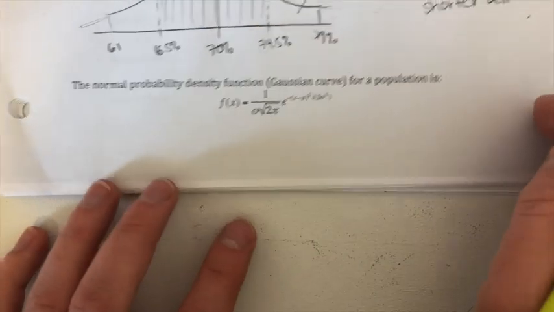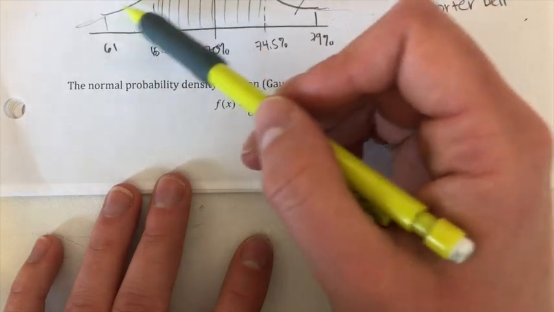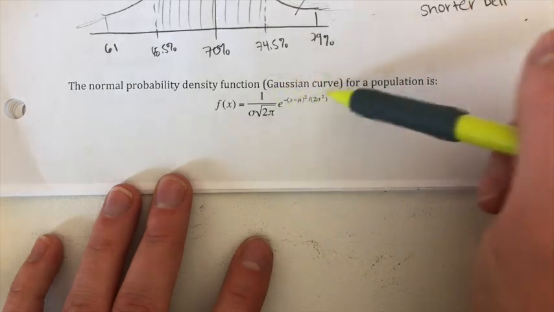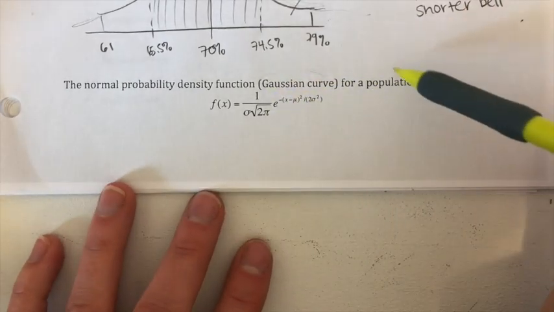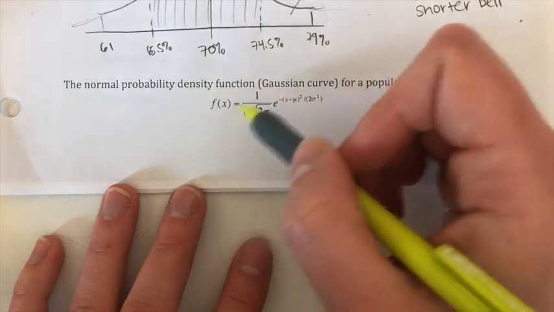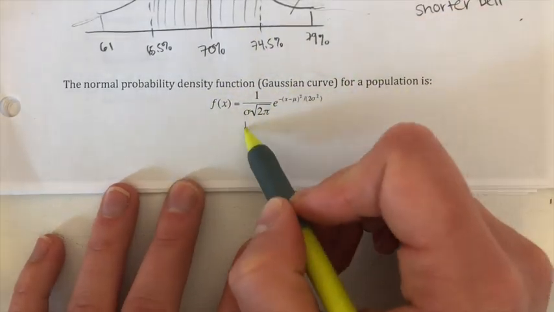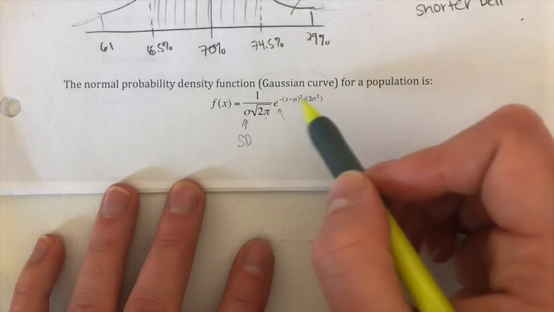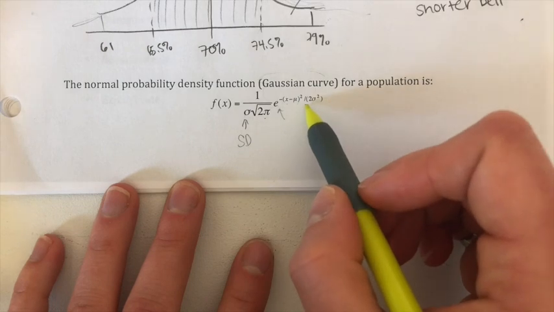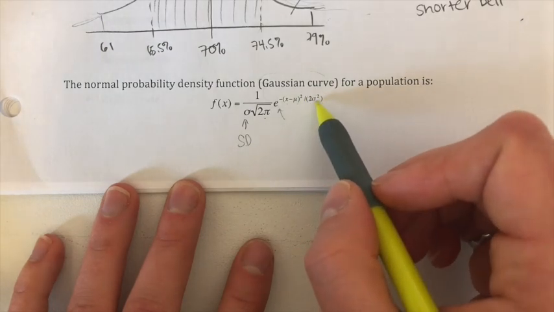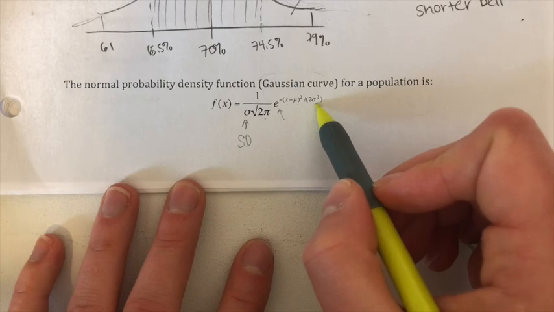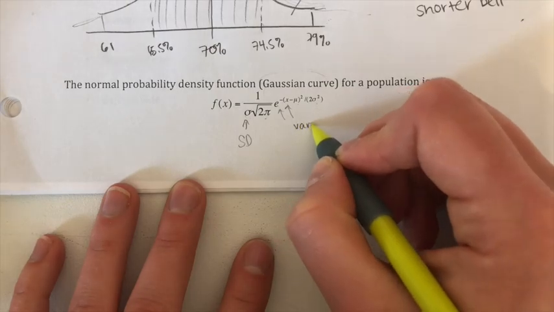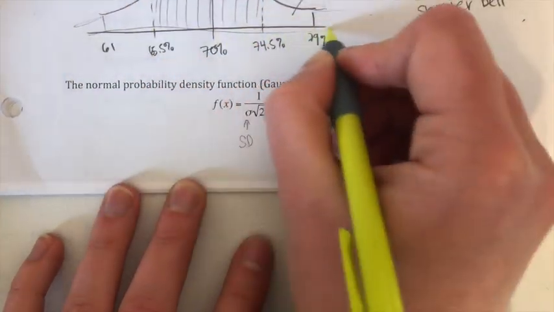Okay, so the normal probability density function, how many are under each point on the x-axis, we call this a Gaussian curve. You don't need to know too much about that. For a population, the function is 1 over the standard deviation times the root of 2 pi, times e, Euler's number, to the power of negative (x minus mu) squared divided by 2 standard deviation squared. x is our variable, how far along we are on the x-axis.